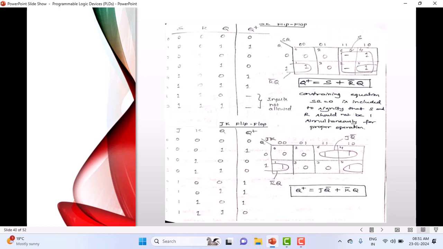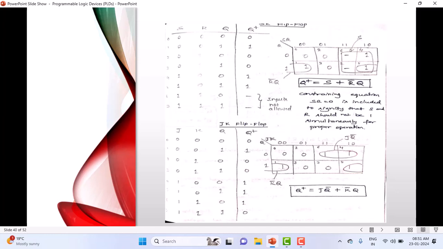Once you represent this state table onto the K-map, only then must the grouping be done. Grouping is very simple. Cell 1 can be paired with 5, and these 4 cells can be grouped together: 4, 5, 6 and 7. This can be grouped as a quad, and you get a simplified equation.